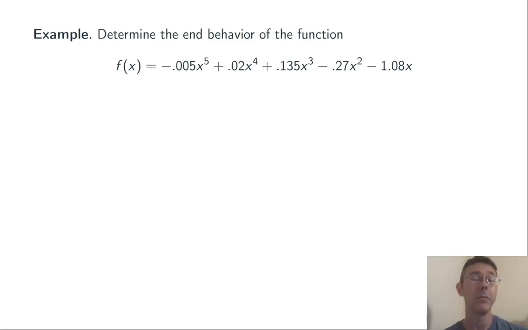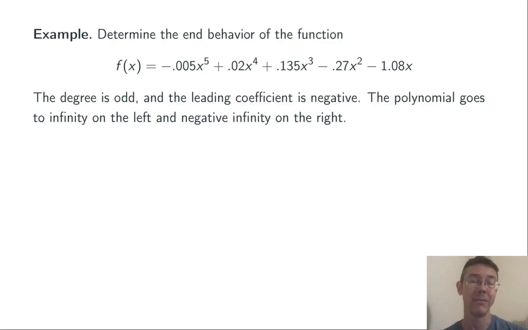So this function is going to behave like y equals negative 0.005 x to the fifth when x is very large or very negative. The power is odd and the coefficient is negative. So we're looking at end behavior similar to y equals negative x. It's going to go to negative infinity on the right and infinity on the left.